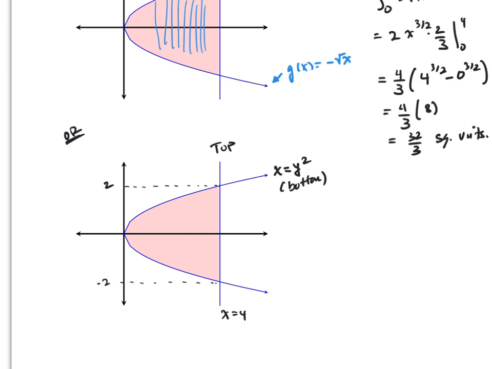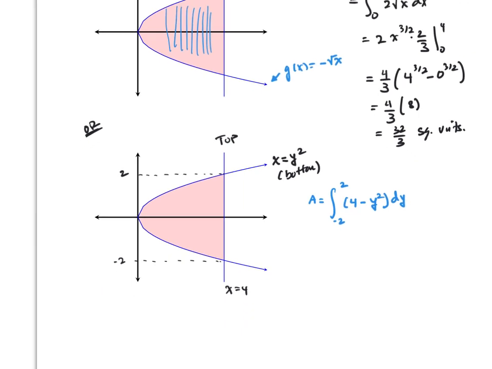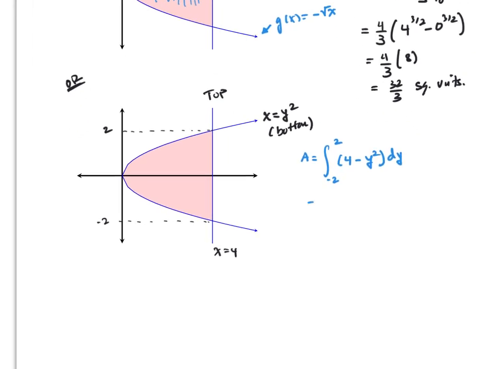Okay? So if we integrate with respect to y, which again is something we haven't done, it will be this, from minus 2 to 2. The upper function is 4, the lower function is y squared. But now we integrate with respect to y. This is 4y minus y cubed over 3, from minus 2 to 2.